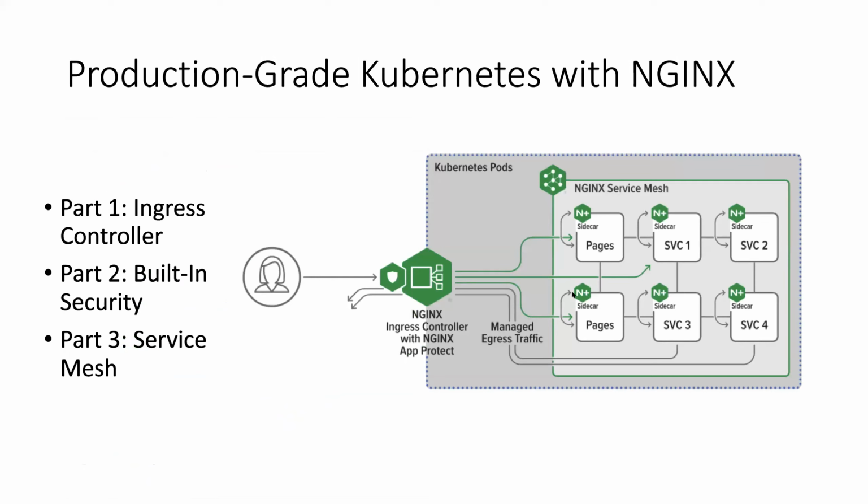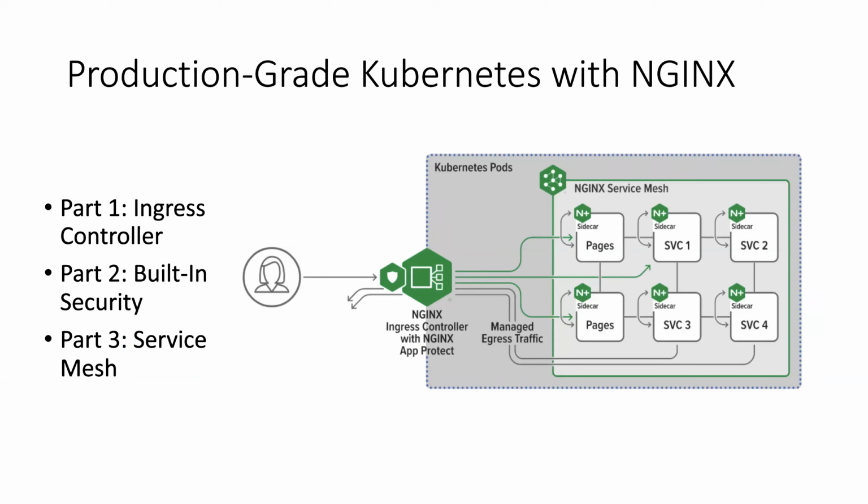So just to summarize, normally in production-grade Kubernetes using NGINX, it can help you secure all the way from the edge closer to the service, as we discussed before. So you can run the Ingress controller at the edge of Kubernetes, which is built with security like a WAF and other policies.